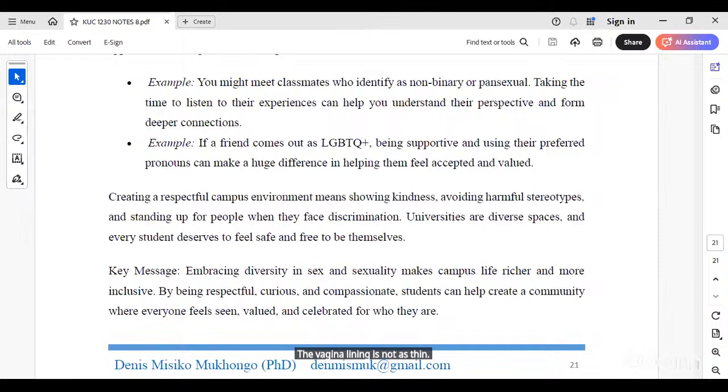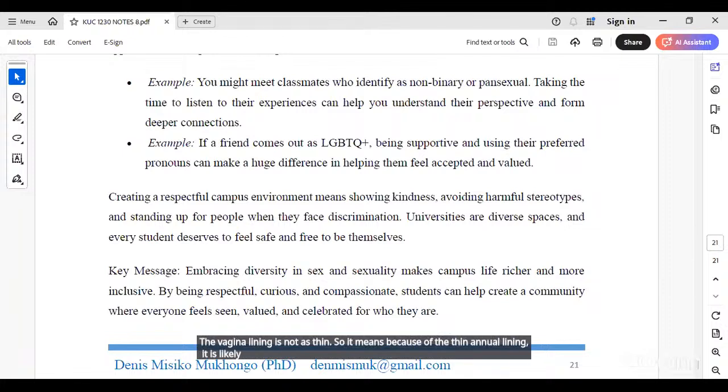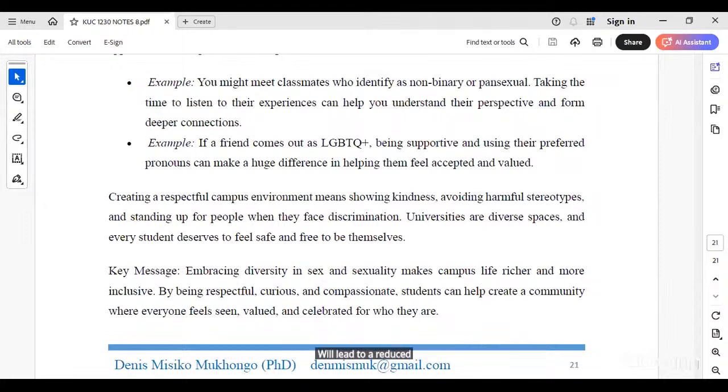So because of the thin anal lining, it is likely to break during intercourse. But when proper lubrication has happened, heterosexual intercourse will lead to reduced breakage of the vaginal lining. That reduced breakage will mean reduced exposure. So that's why we had high HIV rates among the homosexuals.